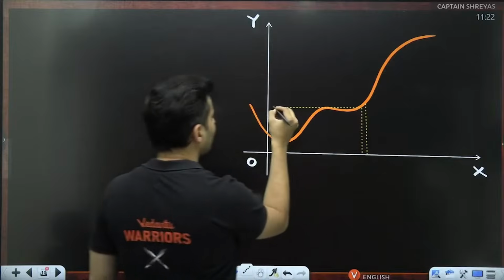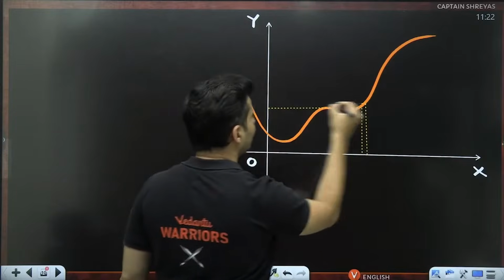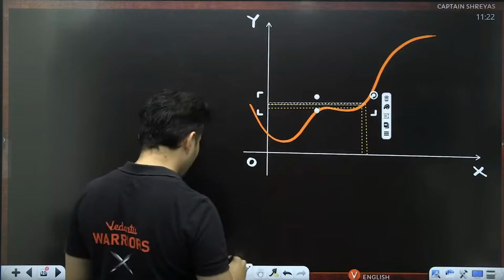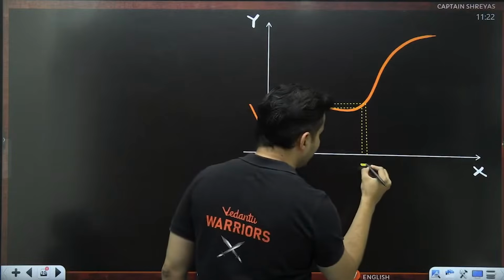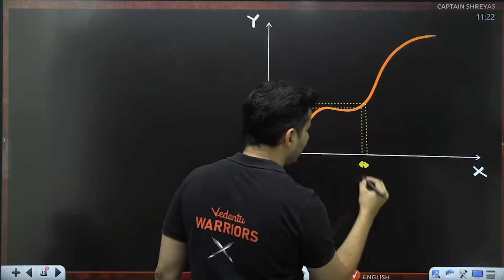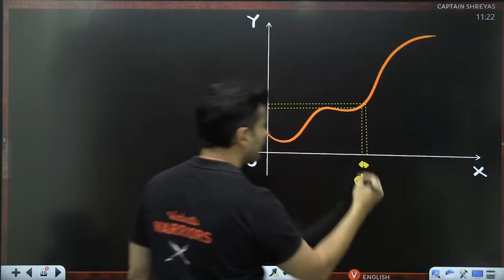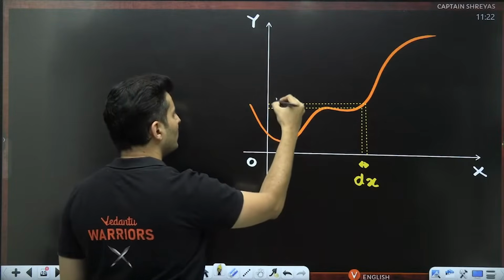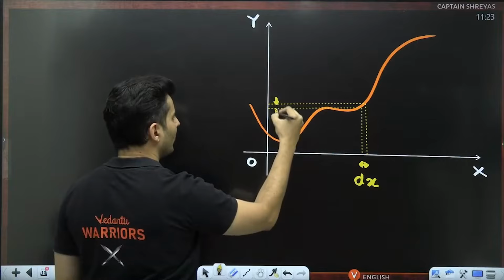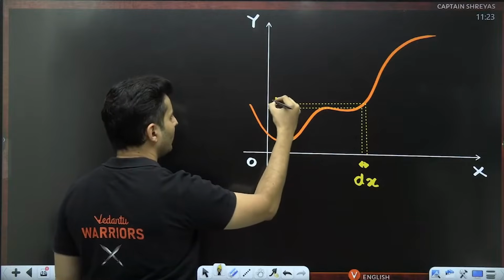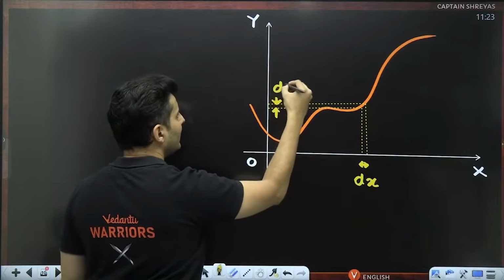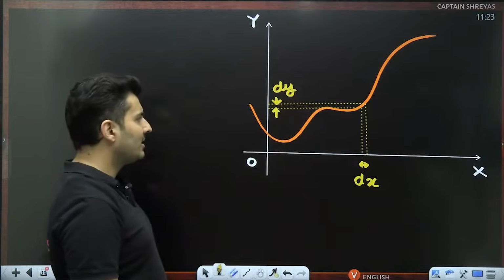Please understand it. These are shown like this over here. This particular distance between these two dotted lines is basically dx. This distance between these two dotted lines over here, my dear warriors, is basically your dy.